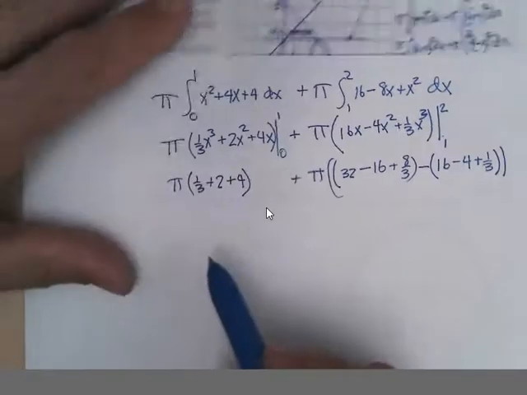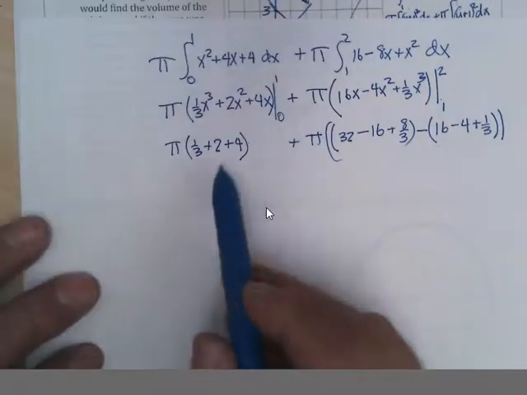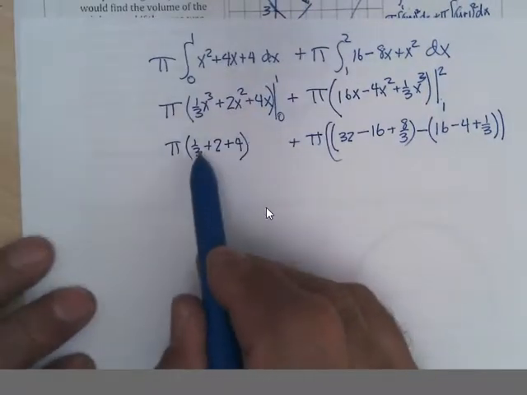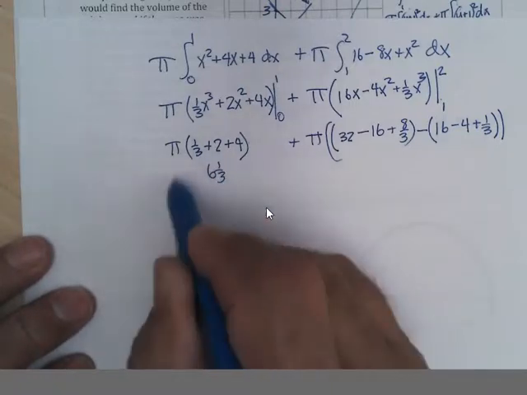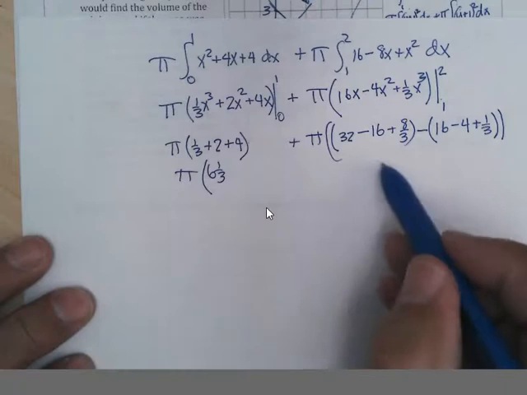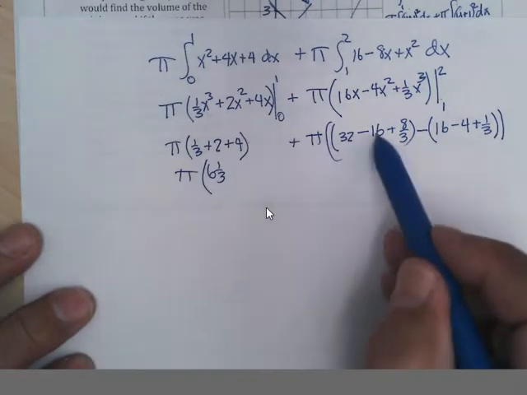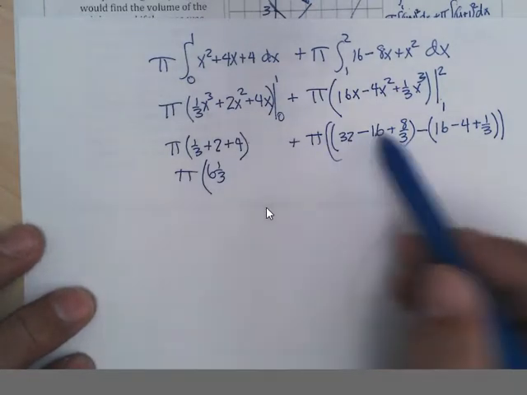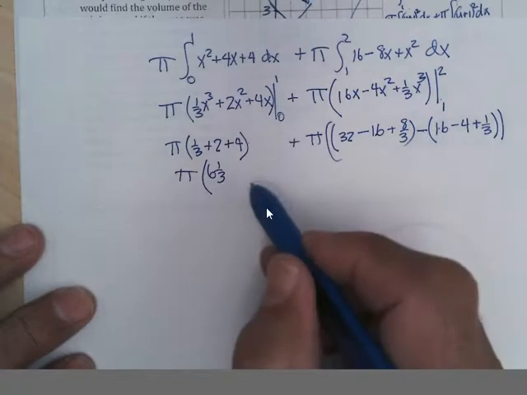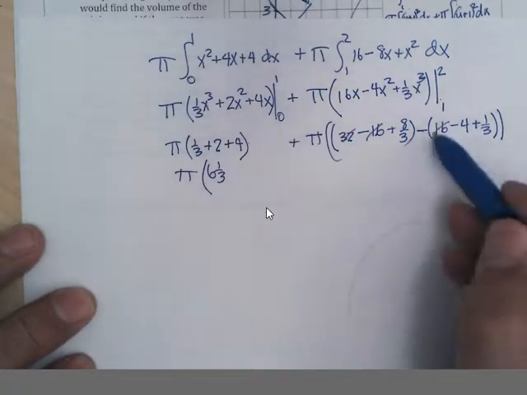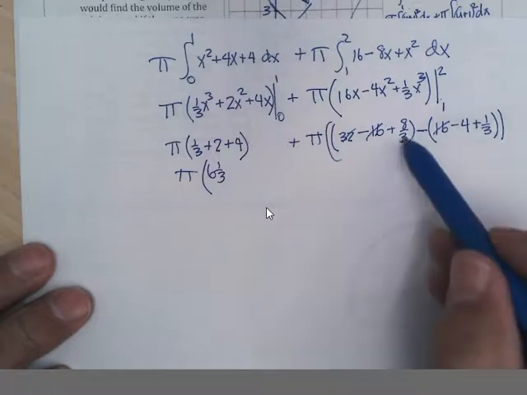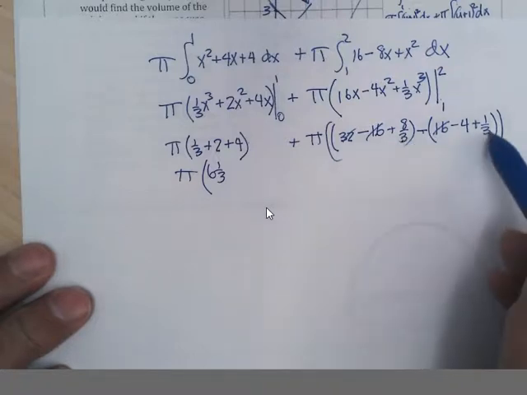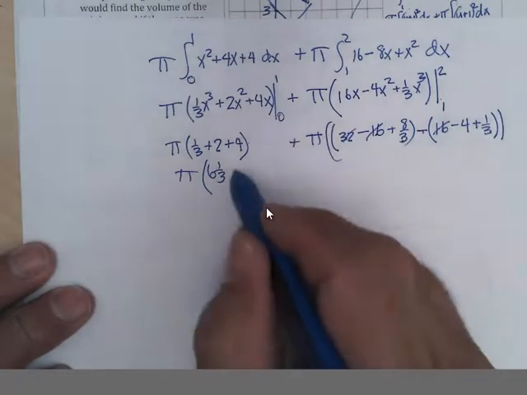And we've got a lot of fractions here, so I've got 1/3 plus, so that's 6 and 1/3. All of this is times pi, so I can put these together. 32 minus 16 is 16, minus 16 is 0, so these cancel out. And I've got 8/3 minus 1/3, which is 7/3.